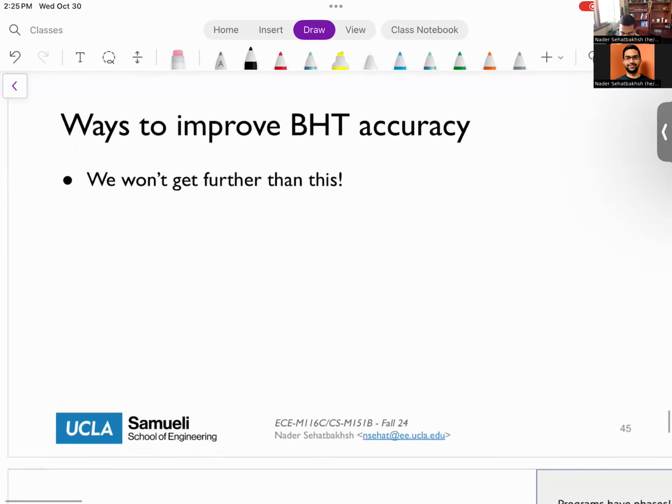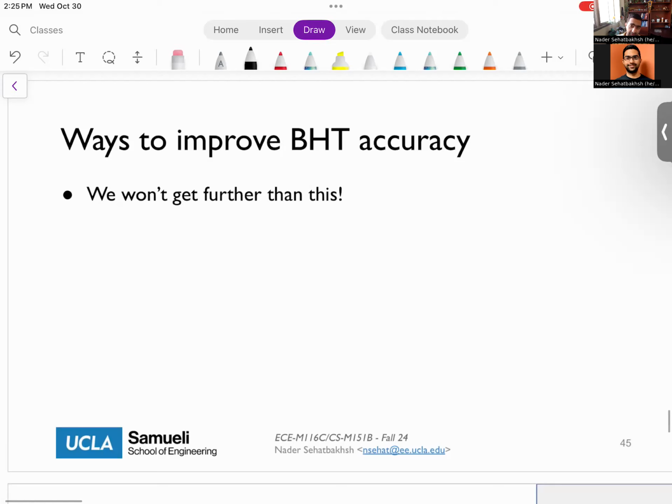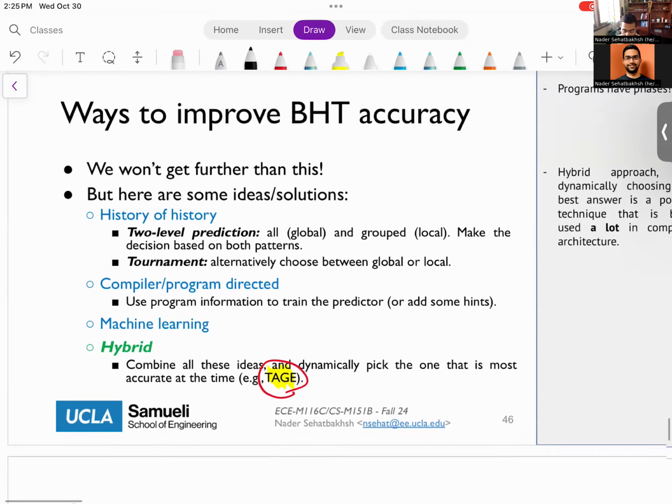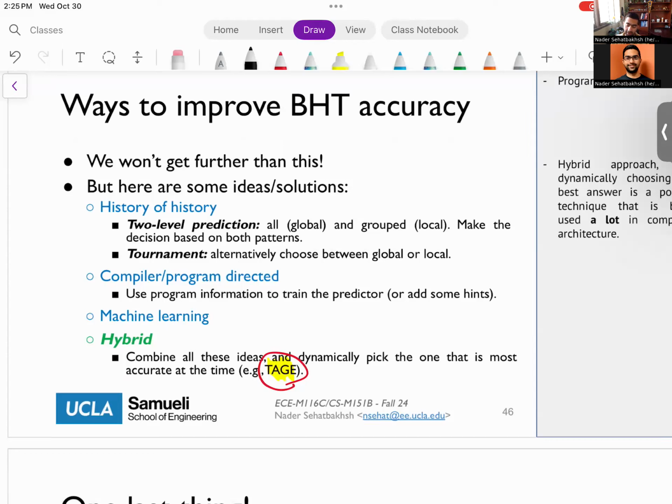For this particular lecture, we're not going to go further than this, but I'm going to give you a few pointers. There are various different ways that you can design a branch predictor. One way is what we call history of history, where we don't have just one BHT, but we also have another one, which we call a global history, that keeps track of multiple locals.